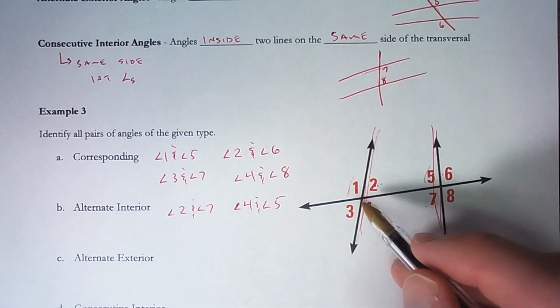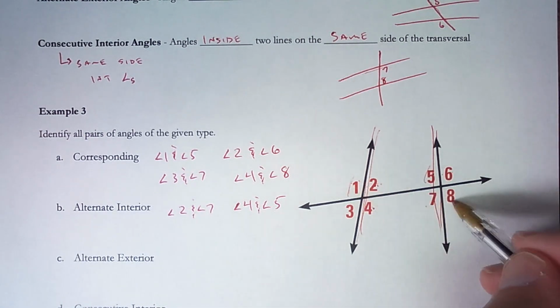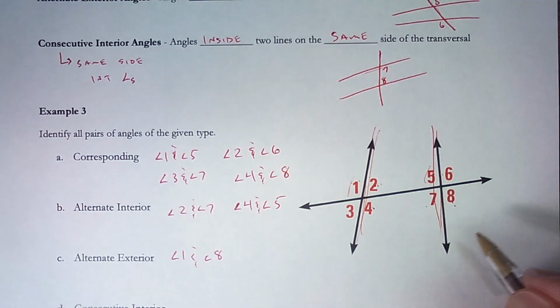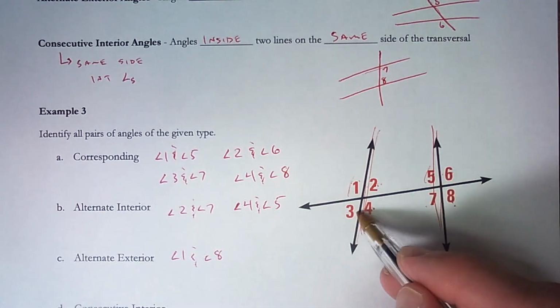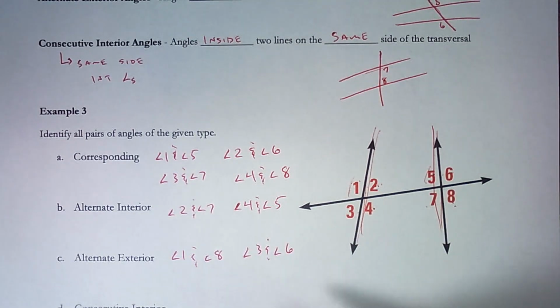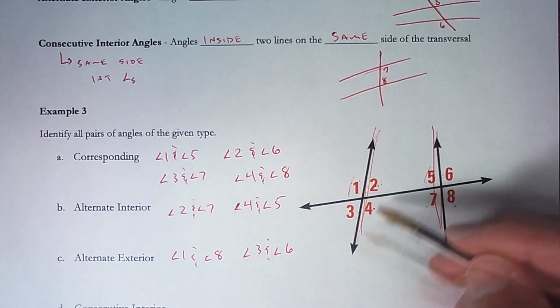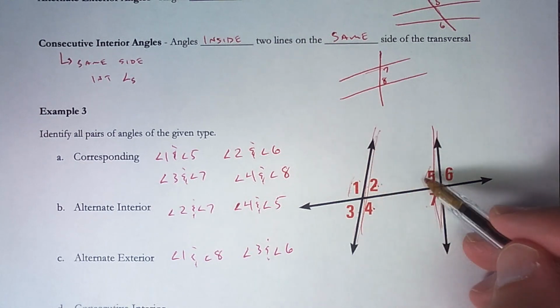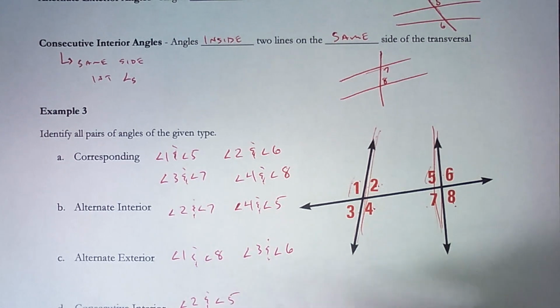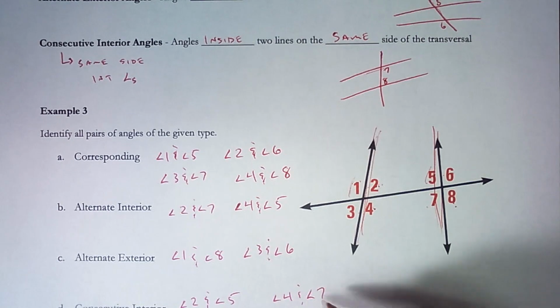Alternate exteriors, now they have to be outside of these two lines, but on opposite sides, like 1 and 8, or angles 3 and 6. And then consecutive interior, between the lines, but on the same side of the transversal, like angle 2 and angle 5, or angle 4 and angle 7.